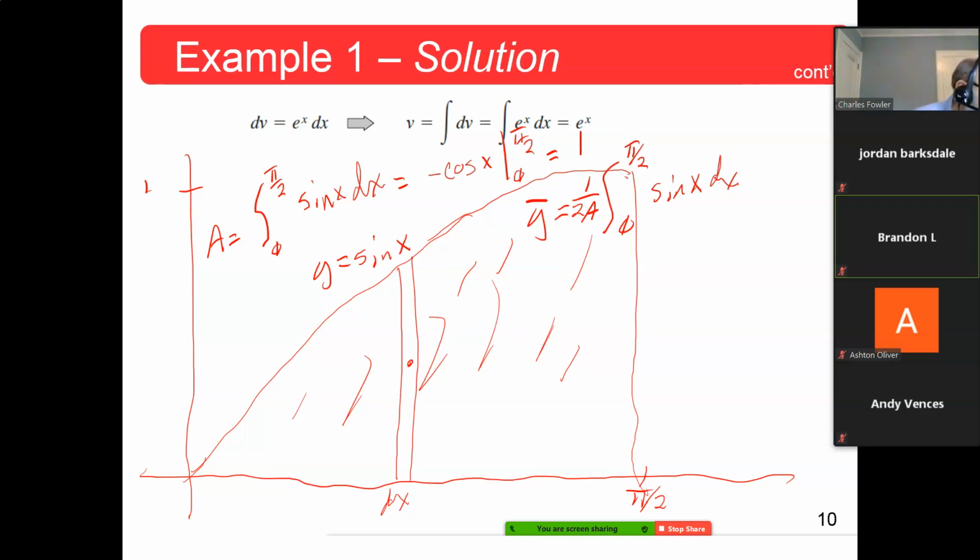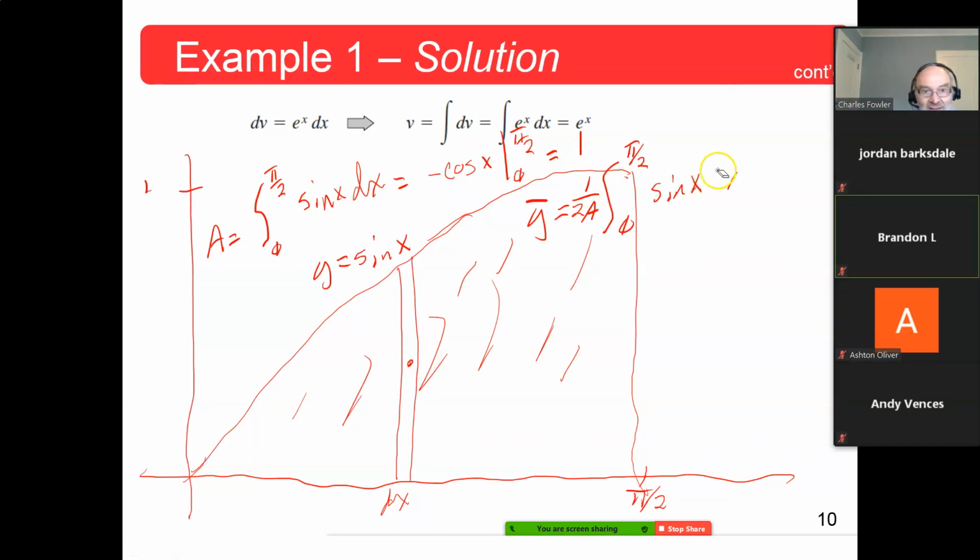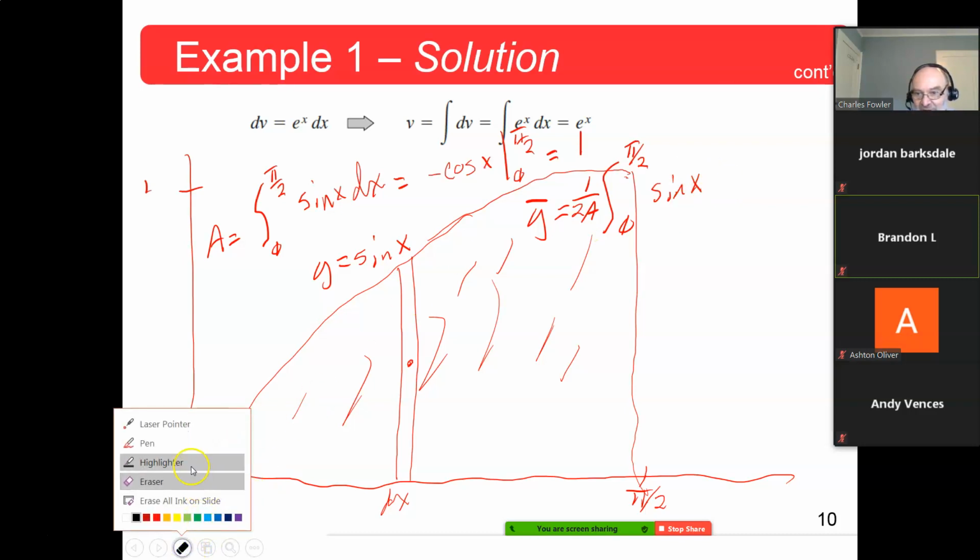Okay, now this seems like a pretty, okay, I put my dx in there too soon, sorry. I'm trying to find, there it is. This pen is pretty hard to follow sometimes.